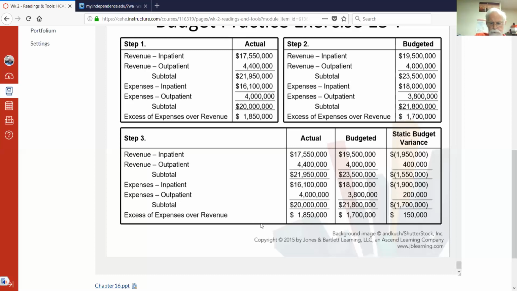So the difference here is that our revenue was down by 1.5 million. Our expenses were actually down by 1.7, so the total excess was only 150,000. So it's a little convoluted.